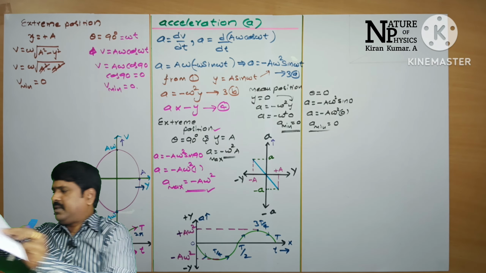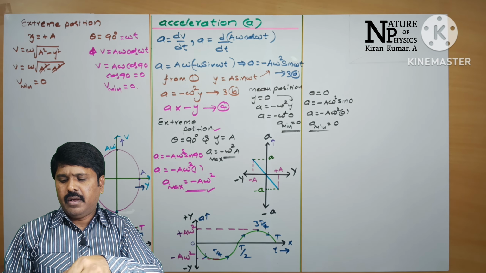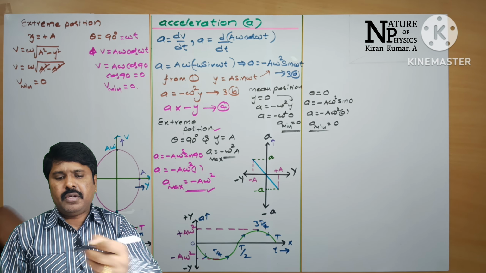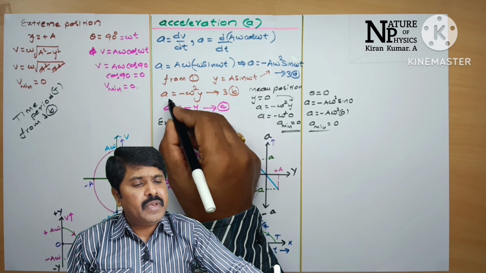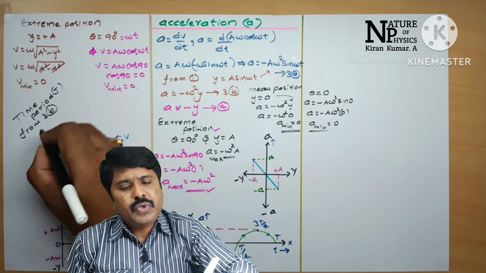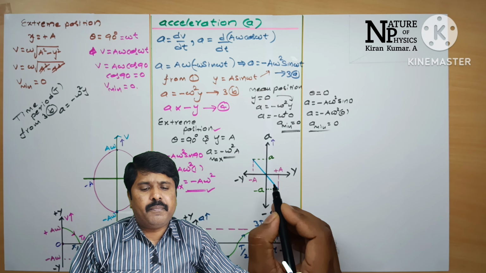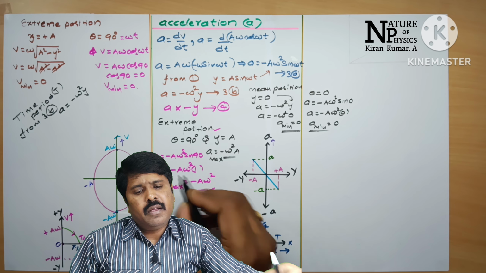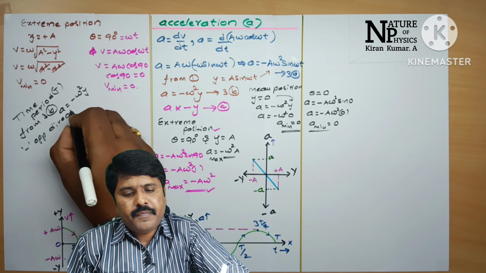That is the time period equation. I want to derive the time period here. For this time period I am writing equation number 3b. From equation number 3b, a is equal to minus omega square y. Here the minus represents opposite direction.